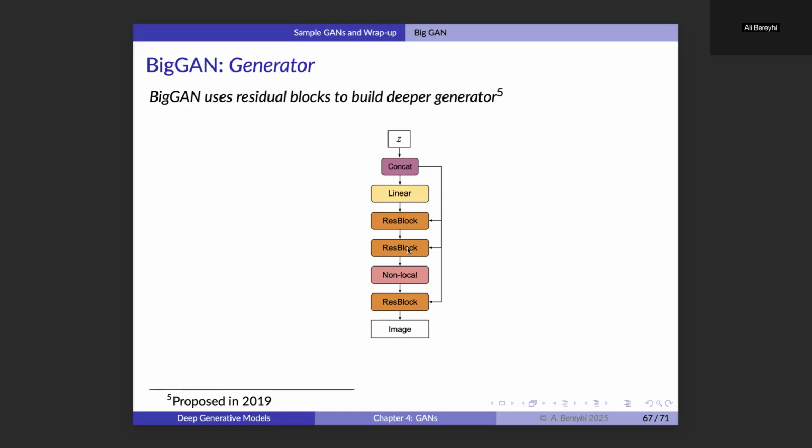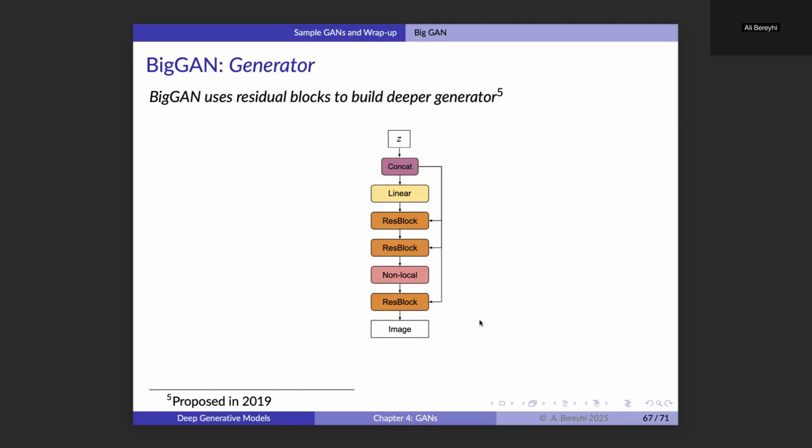So they started to put residual units with skip connections as the blocks which build our data samples from the latent. The latent is some Gaussian sample again, and it's processed with multiple residual blocks. This helps us have a much deeper network, because we don't get vanishing gradient anymore. And then the output of the last layer is our image.